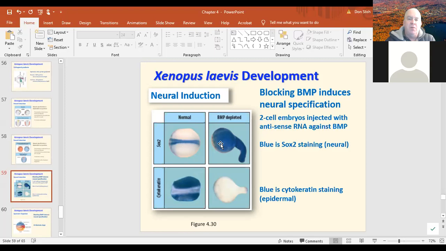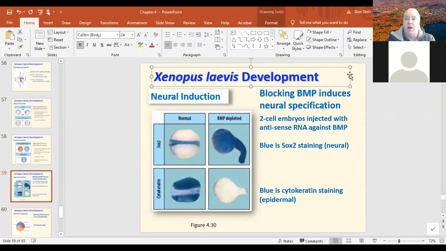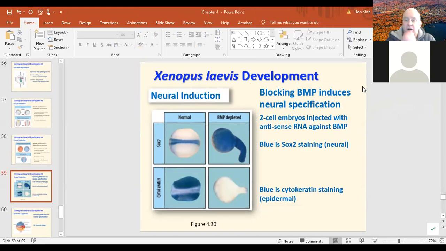Now you get rid of all BMP, all you get is neural tissue. All the ectoderm turned blue, and now you see no epidermal tissue, no cytokeratin being expressed, which means no epidermal tissue. So clearly BMP is really important for specifying neural tissue, because if you knock it out, you don't get any.